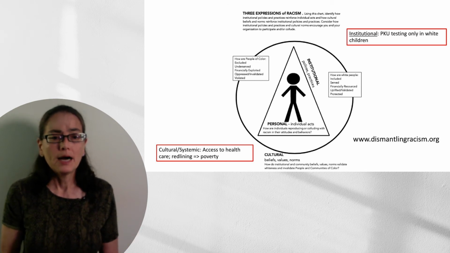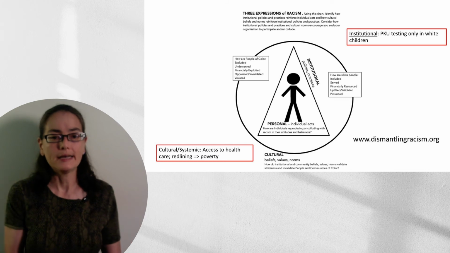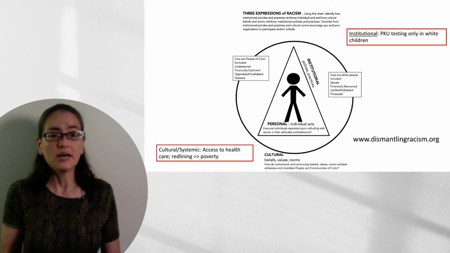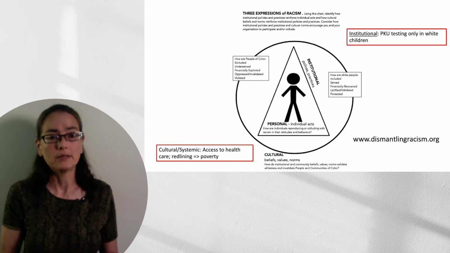Okay. And then when we think about cultural or systemic racism, these are the beliefs and values and norms of our society, right? So our society in the United States does not believe in universal access to health care, which, as you would imagine, has a huge impact on health disparities.